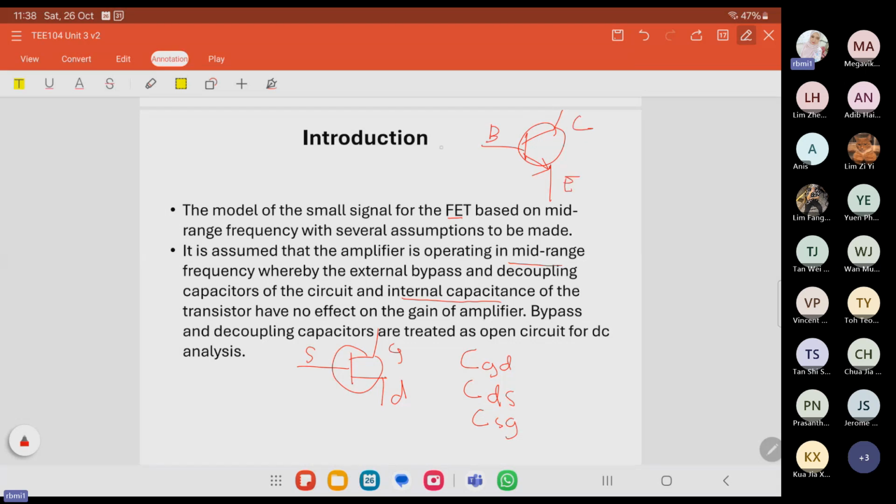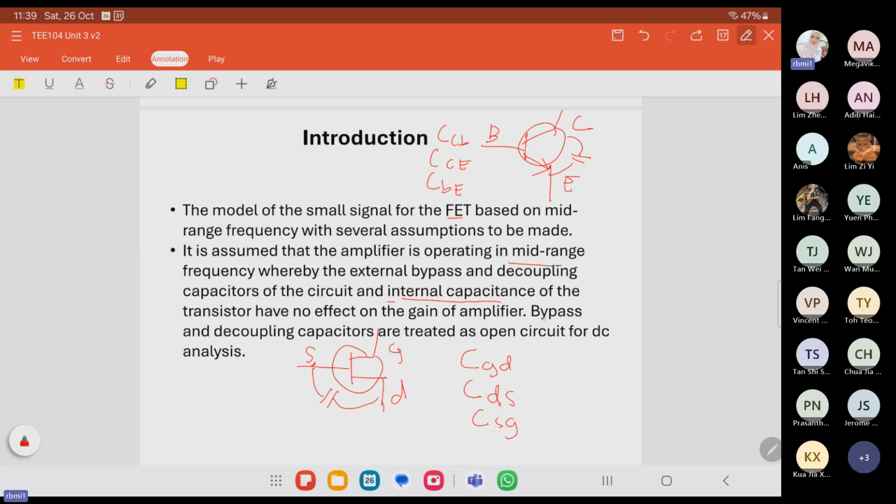So we have the CCE, CBE, and then CCB. In between each one, inside the transistor, we have the capacitor. That is why we call it internal capacitance. For example, for this one, we have this capacitor over there. And at each terminal, we have the capacitance.